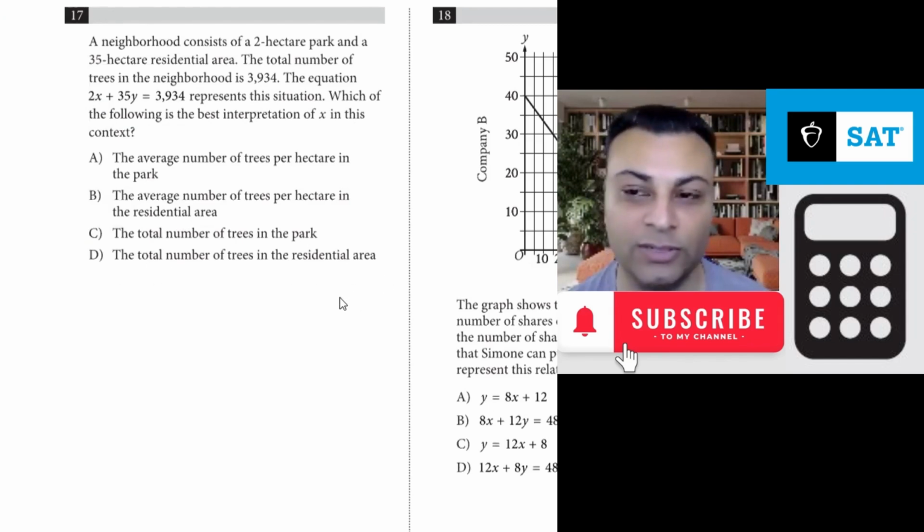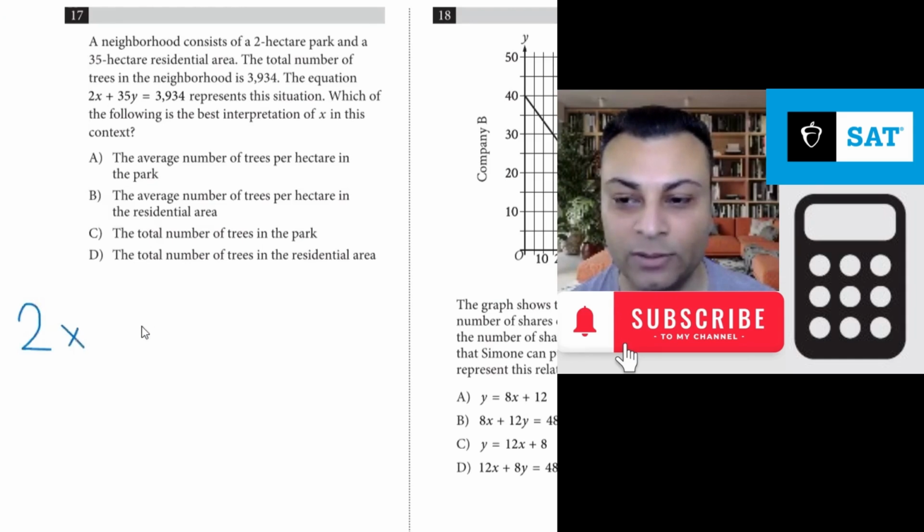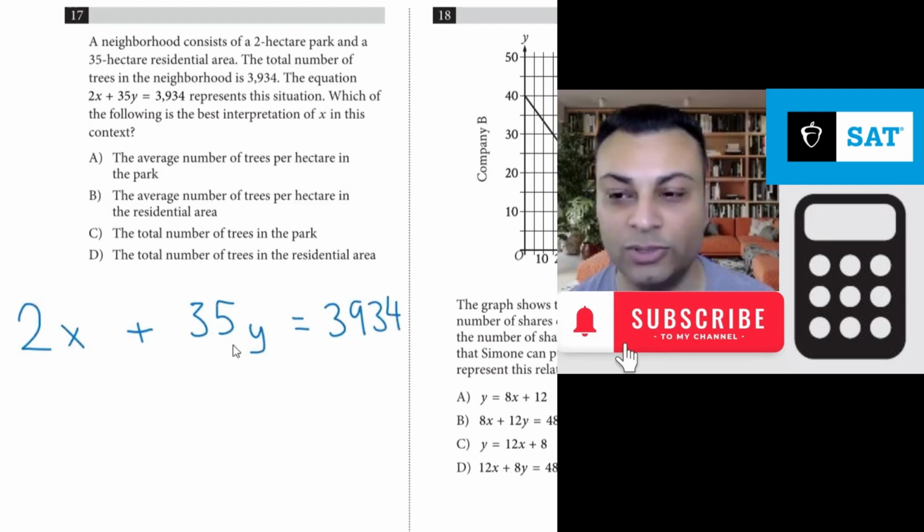Now there is a way to do this where you just look at everything very closely. So 2x plus 35y equals 3,934. So what we want to do is make sure that the units are all consistent. This particular item here has a unit of trees or tree.